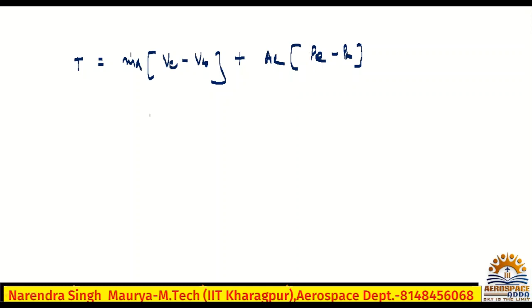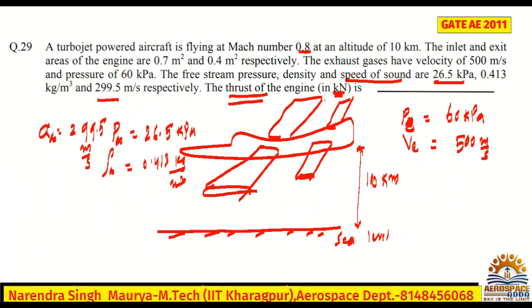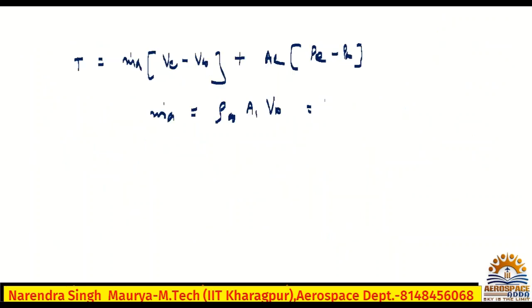What is the mass flow rate at inlet? It is rho inlet into area at inlet into velocity at inlet. What is the density they have given at inlet? Check. It is 0.413. All right.